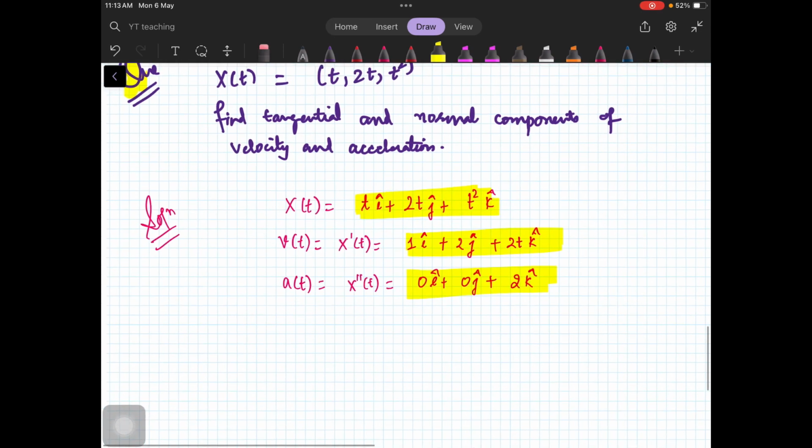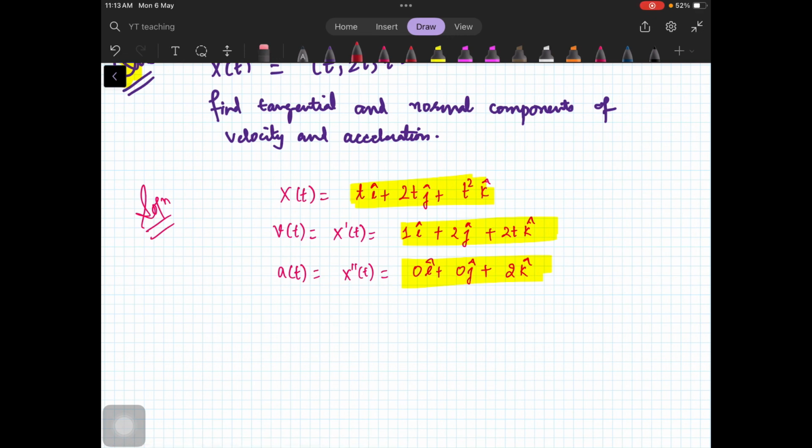But now we are looking for the normal and tangential components. So if you look at the tangential component of velocity, because we know that velocity only has a tangential component, that is equal to s dot, and what is s dot? That was the modulus of x prime t, right?